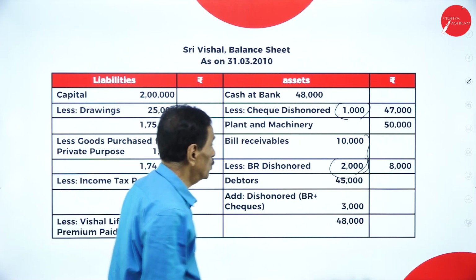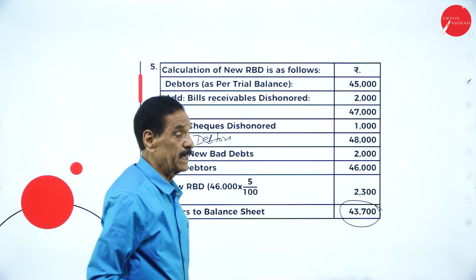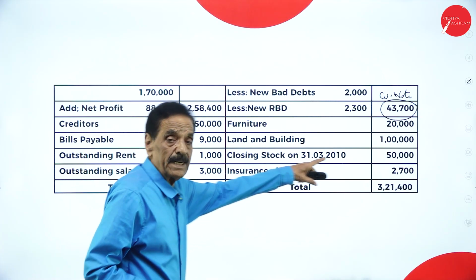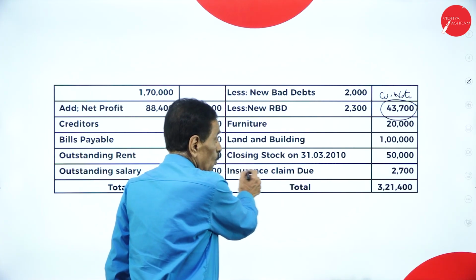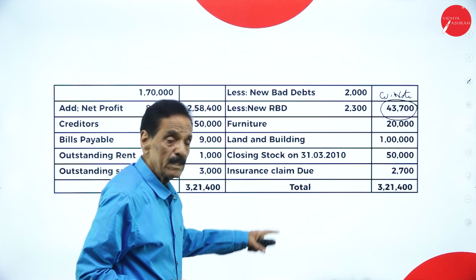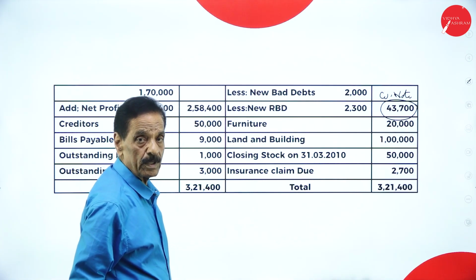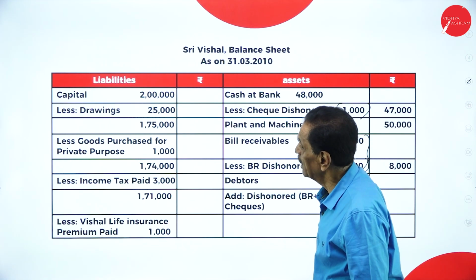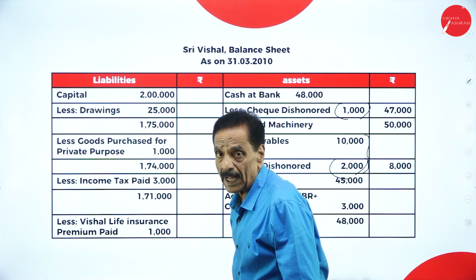Your working note shows 43,700. Then furniture is 20,000. Land and building is 1 lakh. Closing stock is 50,000. Insurance claim due is a receivable from the insurance company 2,700. Come back to the liability side. Capital is 2 lakh.